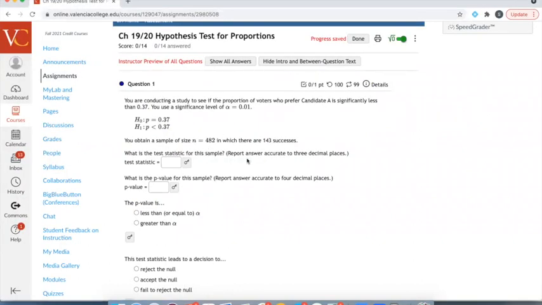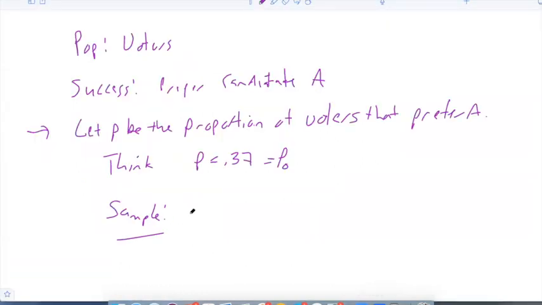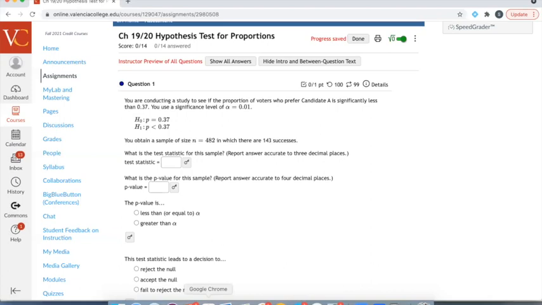So remember, we're always going to have an X, an N, and a P hat every time. They're always going to give us N every time, and then they'll give us one of these two. And we have to figure out which one is which. X is a whole number. P hat is a decimal. It's a percentage. So 143 successes out of 482.